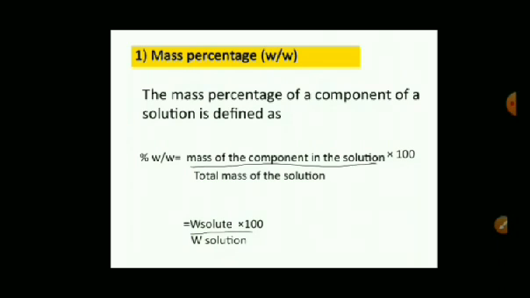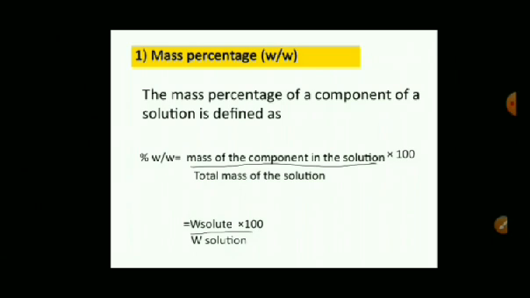So percentage weight by weight is the mass of the component in the solution divided by the total mass of the solution, into 100. So we can write it this way: weight of solute divided by weight of total mass of solution, into 100.